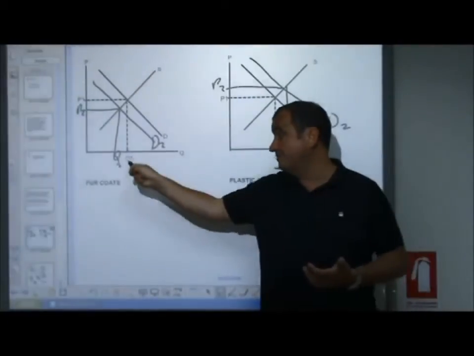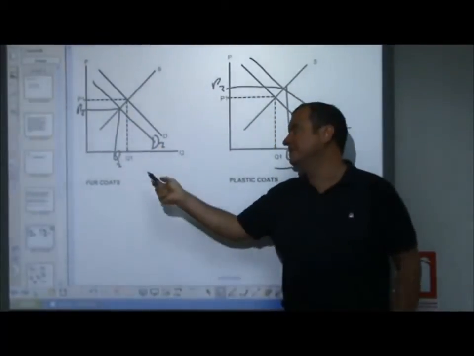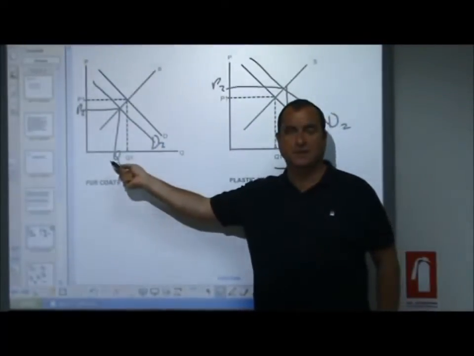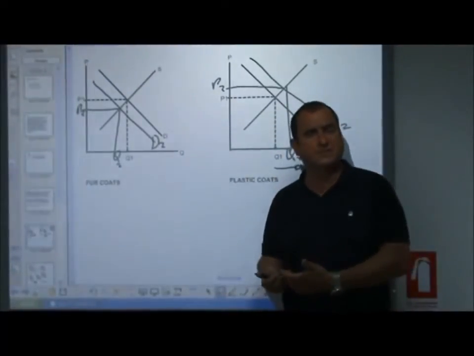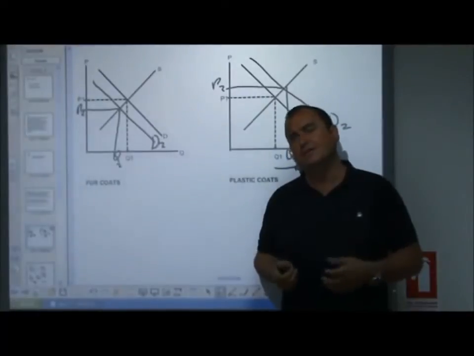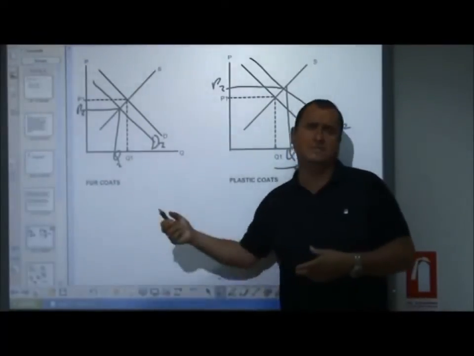We see that with the drop of quantity supplied. When the price fell, that was the signal to suppliers of fur coats to reduce the quantity they're supplying. But what does that mean, to reduce the quantity of fur coats they're supplying? It does, of course, mean that they reduce the quantity of factors of production employed in this industry.